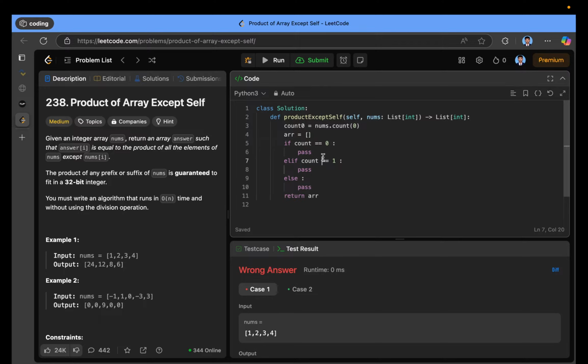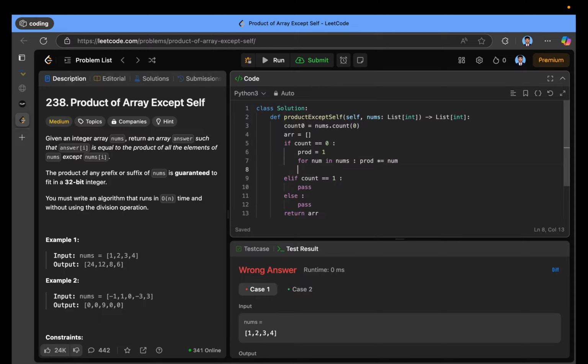Okay, so if the count is 0, it means there is no 0 present, so I just have to find the product of each element. Normally we can just use a loop; we will find a smaller version later. So product = 1, for num in nums, product *= num.